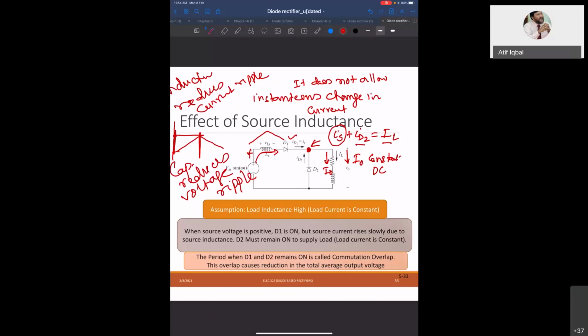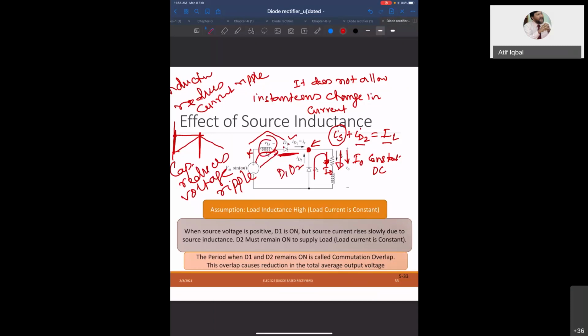The diode is on, but the current has only started building up. There is no sudden jump in the current, but the load needs current, so this diode will supply the current in that time. That means both D1 and D2 are on at the same time. This is happening because of this inductor.